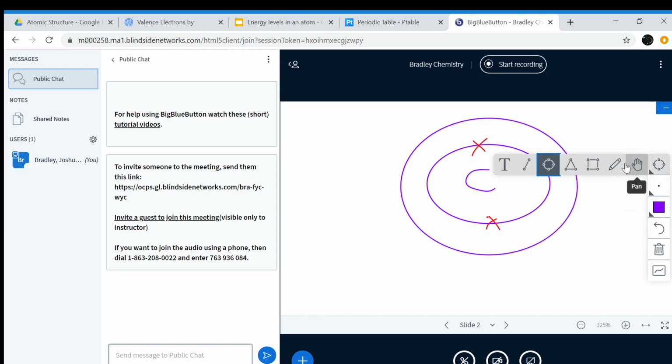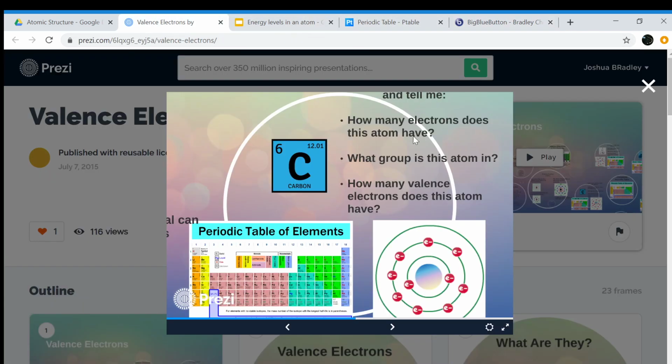And then the second energy level has the rest of its 6, so it's going to have 1, 2, 3, 4. So therefore, because carbon has 6 electrons total and 4 are in the outside energy level, we can say that this atom has 4 valence electrons.